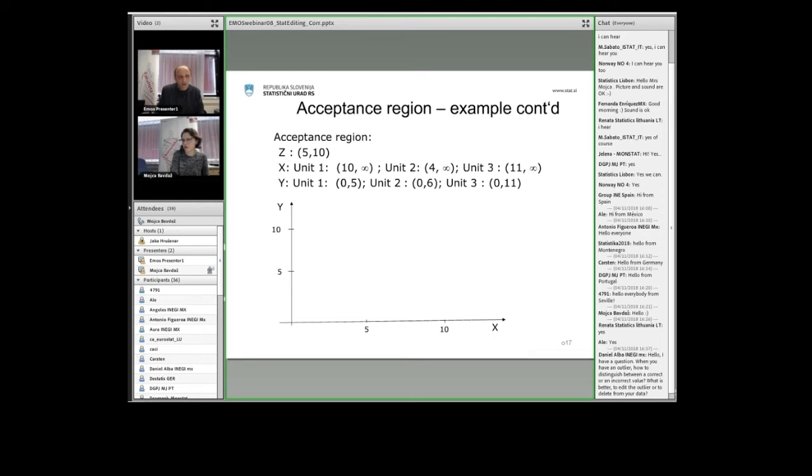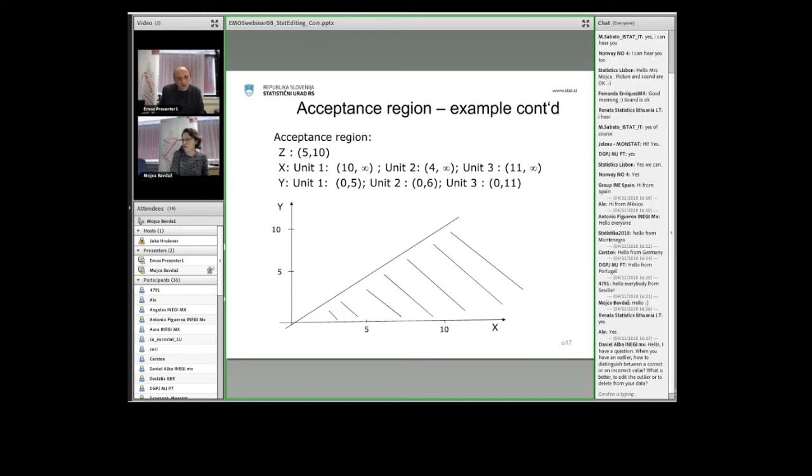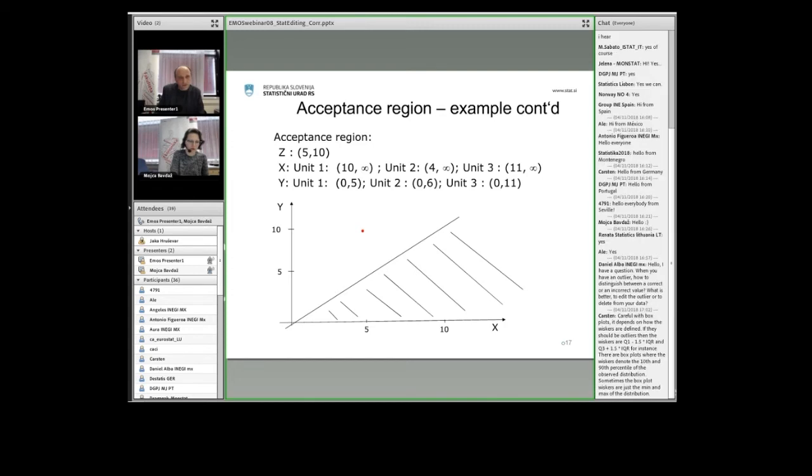And what is the acceptance region here? The acceptance region is in fact this area under this line. It's mathematically quite simple to determine this, you see. If we plot these 3 units into this picture, you can see that the first one is outside the acceptance region, so we can say it's a suspicious unit.